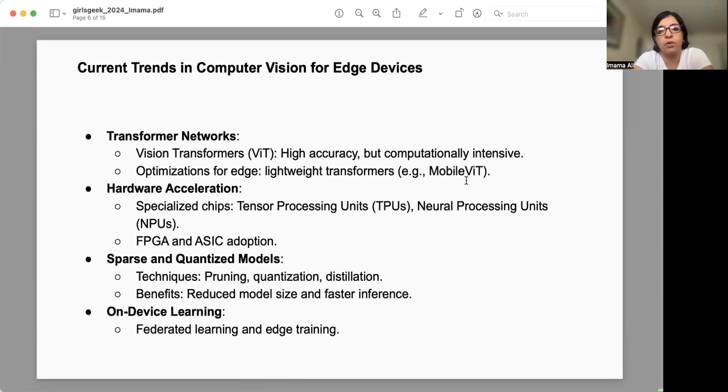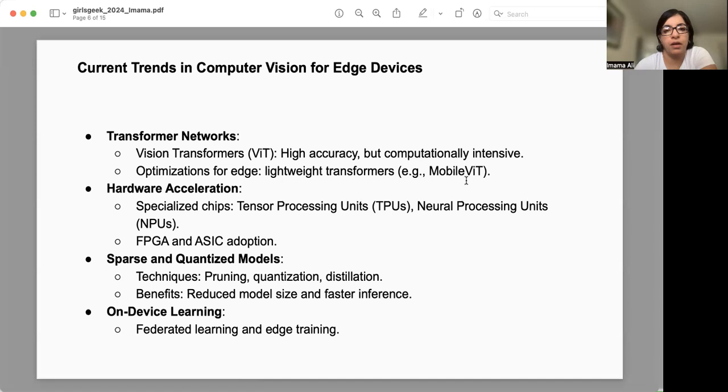For a wide range of other tasks, there need to be other models which can be deployed on edge. Companies are developing good hardware very quickly to deploy the transformer-based models, like tensor processing units from Google and neural processing units from NVIDIA.